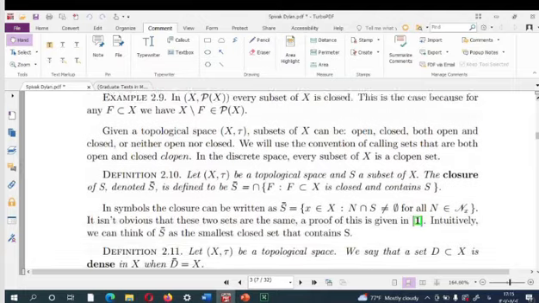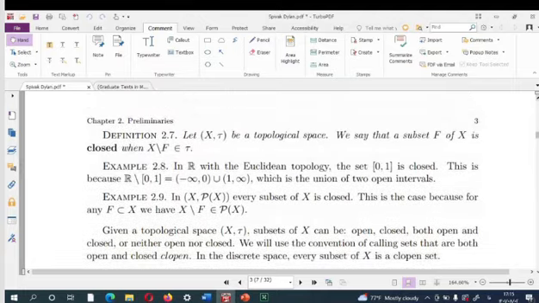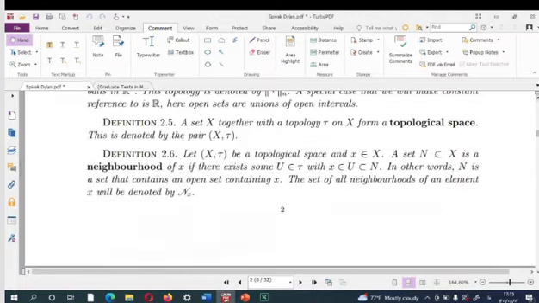I recall that N of x is defined at the end of this page. The set of all neighborhoods of an element x will be denoted by N_x.